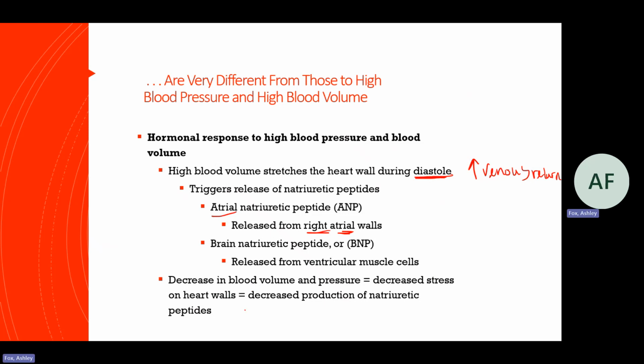So if you have a lower blood volume and pressure, then there's less stretch on the atria, and there's less production of the natriuretic peptides. But if you have an increase in the blood volume and the pressure on the atria, then you're going to have an increase in natriuretic peptides.